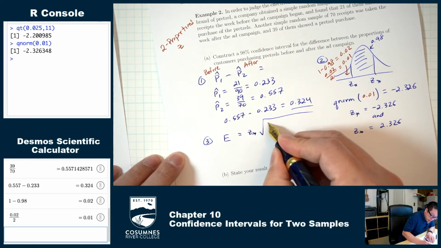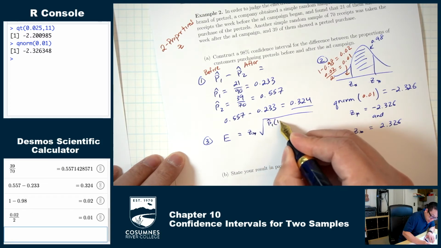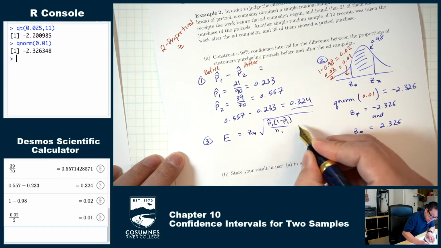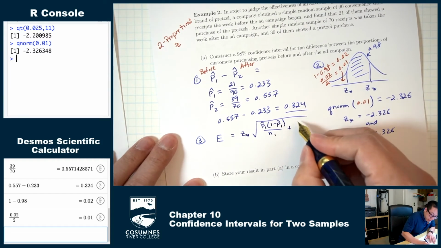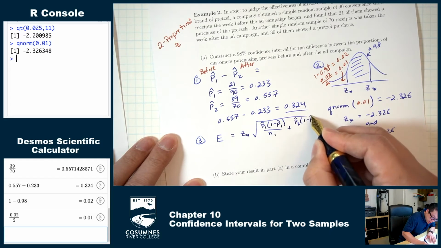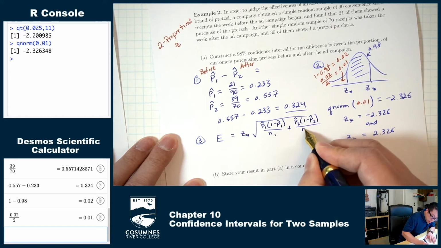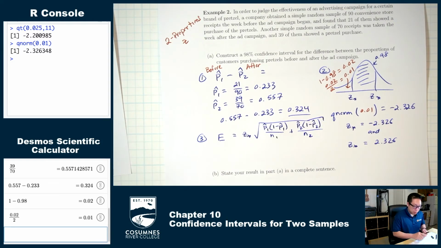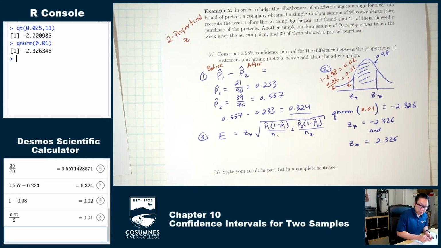Inside it's going to be P1 hat times 1 minus P1 hat over N1, plus P2 hat times 1 minus P2 hat over N2. Make sure both of those fractions are inside that square root.